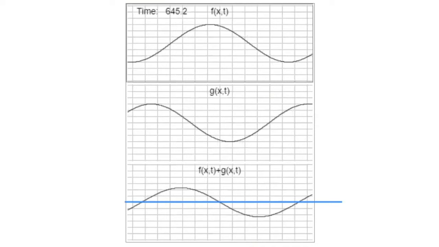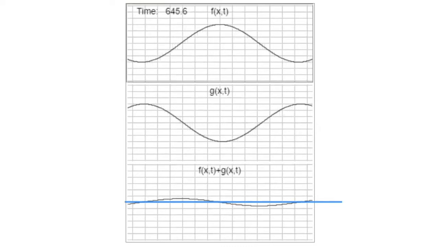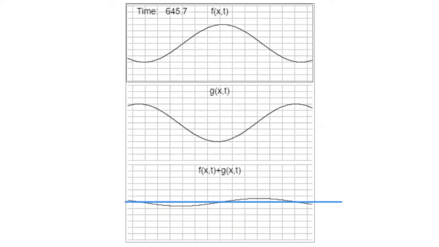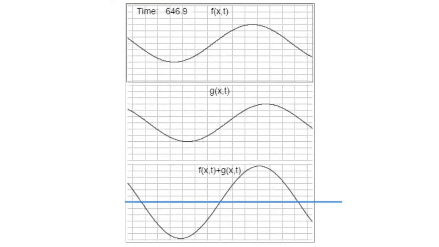After some time, they get closer and closer to the mean position, and at this time instant all the particles of this wave are on the mean position, and now they are crossing their mean position. The crest has been converted into a trough and this trough has been converted into a crest, and now they are moving away from the mean position.